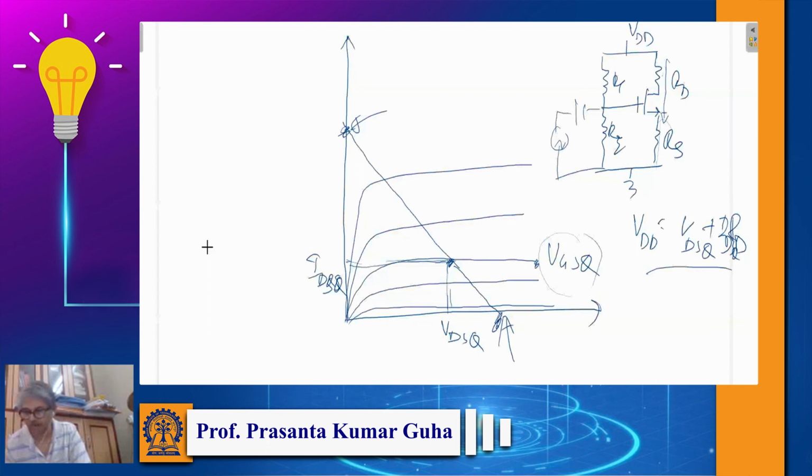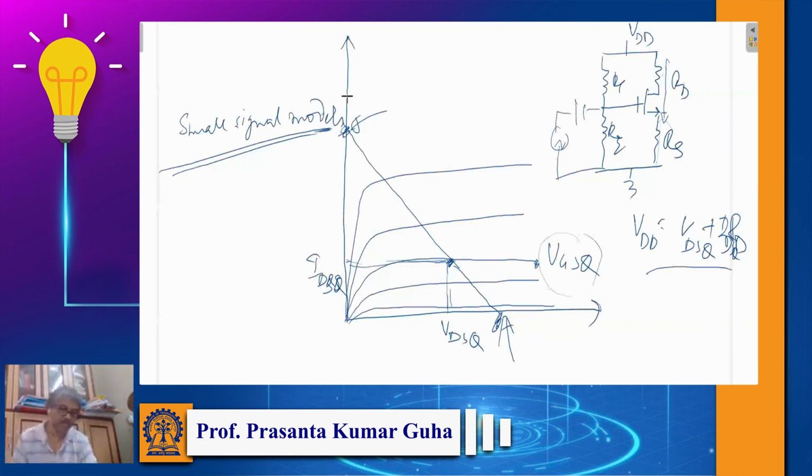How it is amplifying and what the formula of the gain is, we will discuss after the puja vacation. After the puja vacation, we will find out small signal models corresponding to this common source amplifier, and we will again find out the gain like we did in case of BJT.